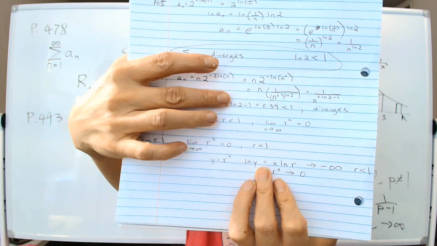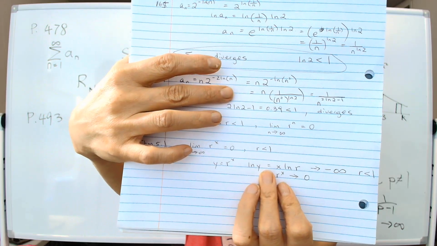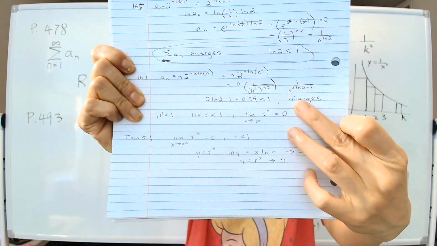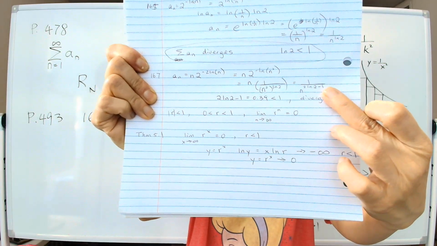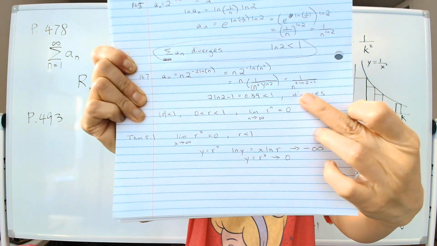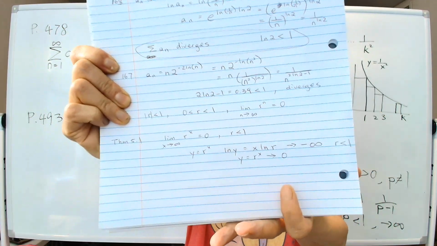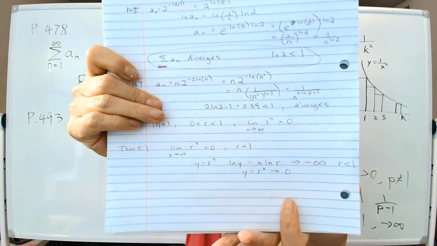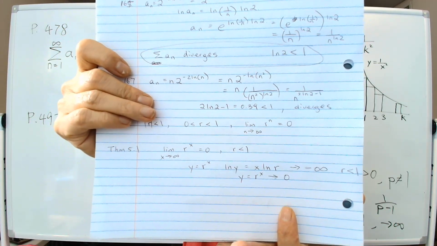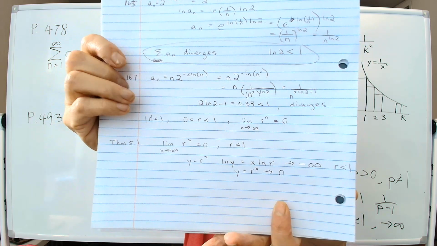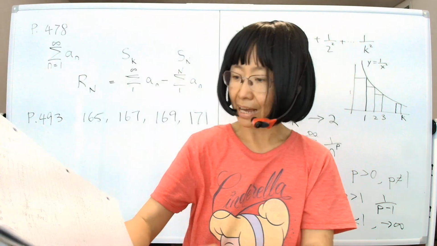Oh yeah, minus 1. The n disappeared because you added the minus 1 at the bottom, so you got rid of the n. So then the question is, what is 2 natural log of n, 2 minus 1? Well, is less than 1 anyway. If it's less than 1, the series diverges. So that's the answer to that.